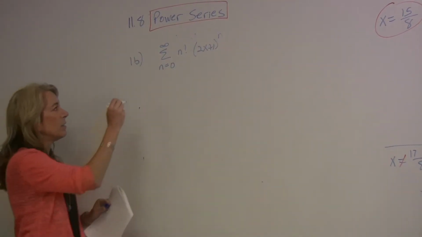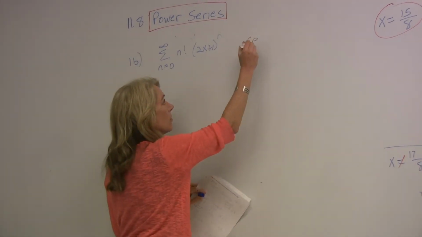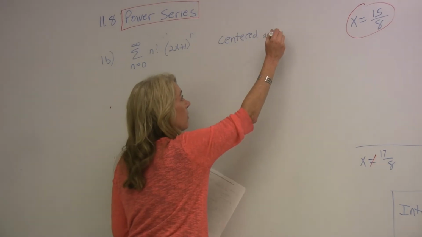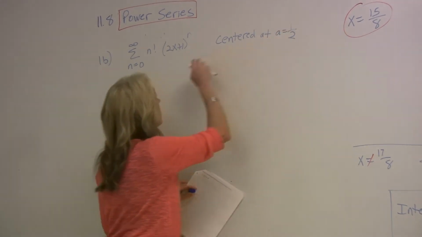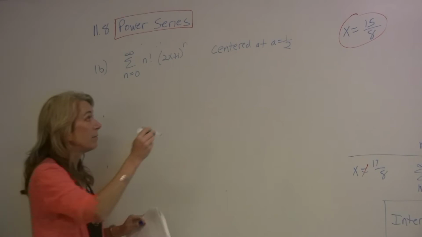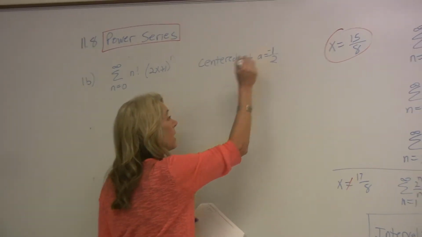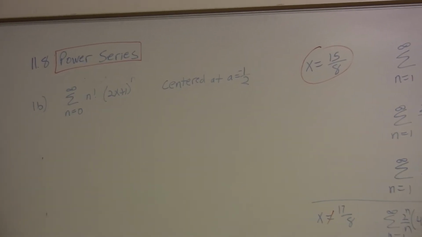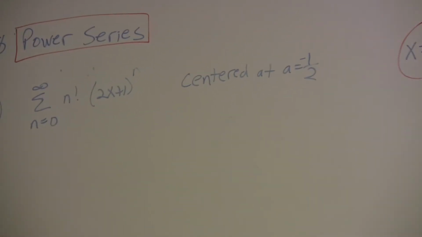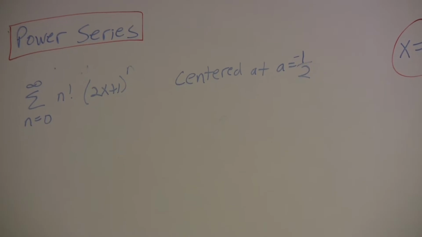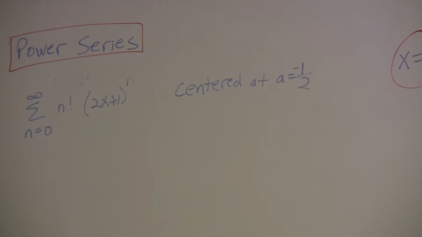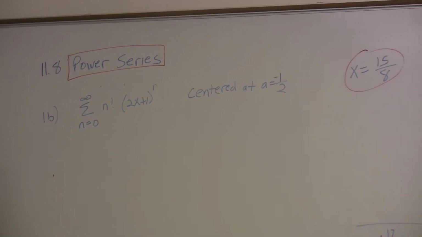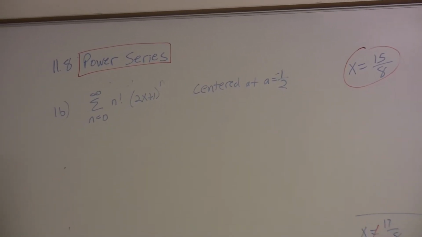Where's the center of this one? Negative 1/2. Yeah, it's centered at a equals negative 1/2. You plug negative 1/2 in, it will converge, because you're adding 0 plus 0 plus 0, so it will definitely converge there. And then the question is the same: find the interval and radius of convergence. For what other x's does it converge?